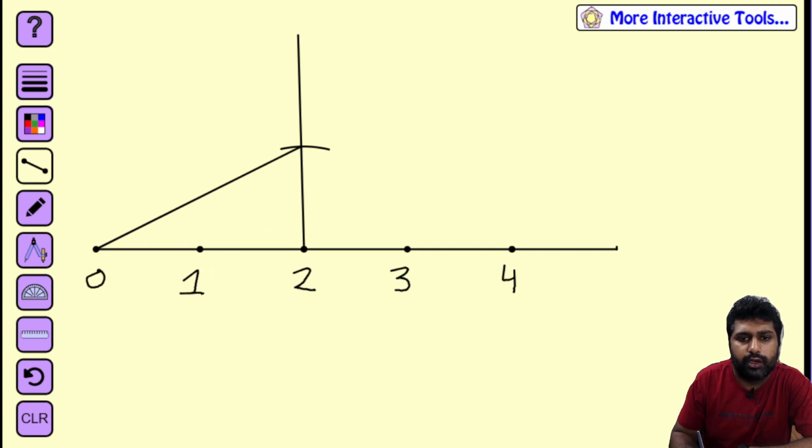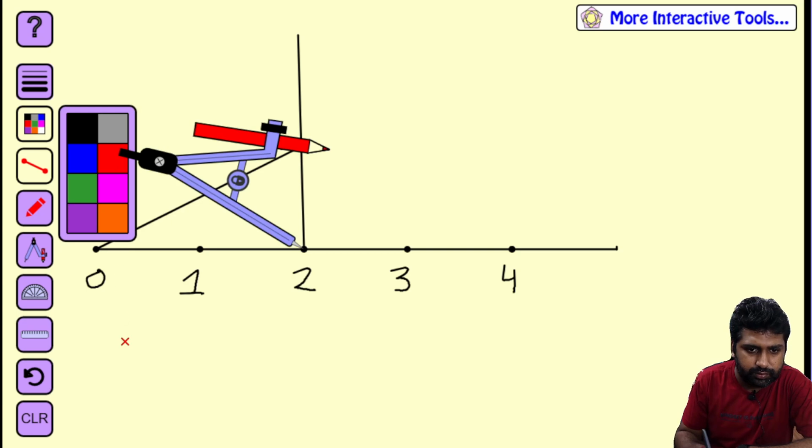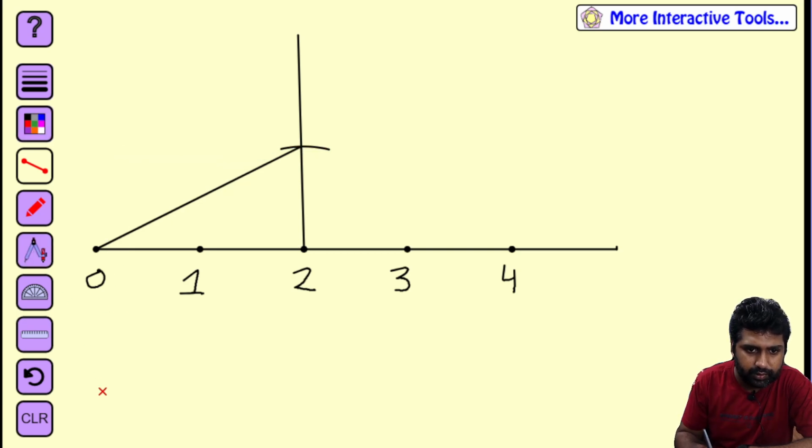Now it creates a right angle triangle, and if you apply Pythagoras in this scenario, you take base as 2, height as 1.